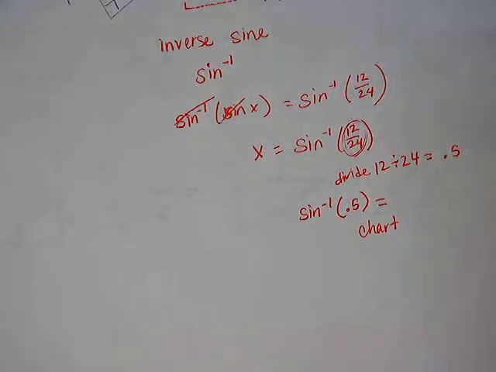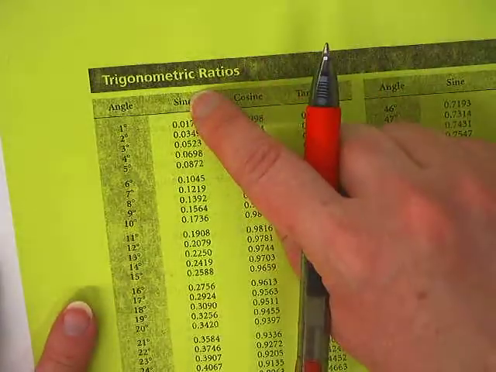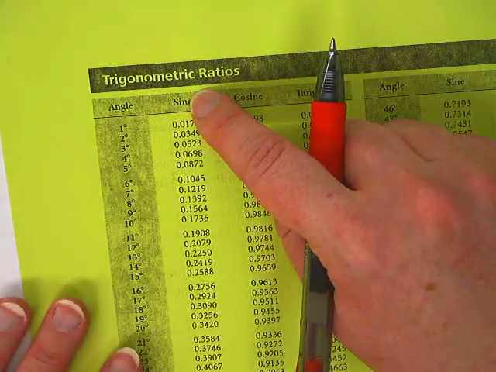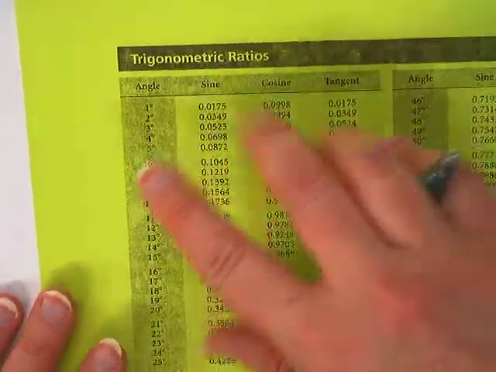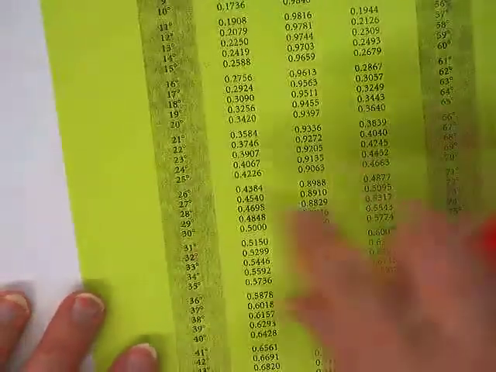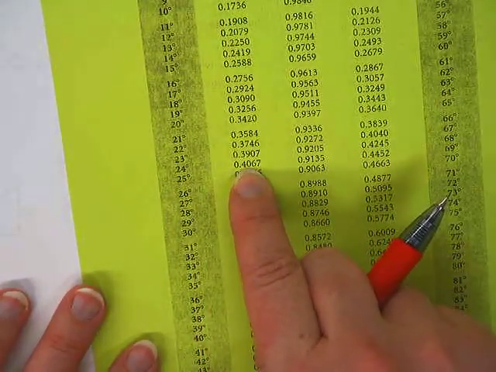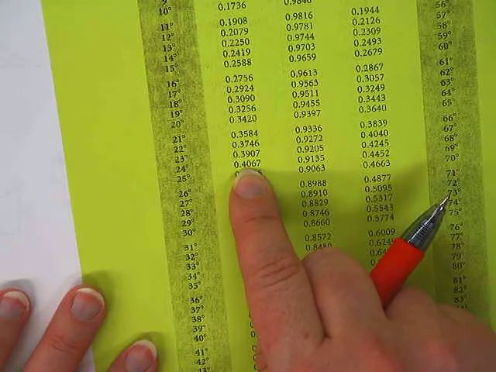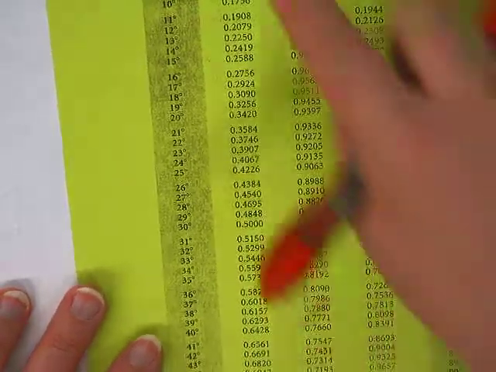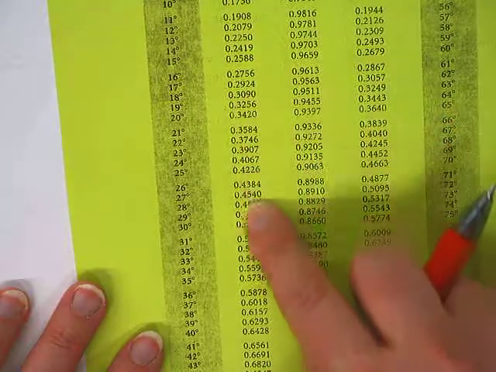Now let's go ahead and use the chart. Which column on our chart represents sine? Do you remember? It's the first column. You know how earlier today when we were doing the sine of 24, we looked up 24 and we found the sine. This time we're doing the inverse sine. That just means we're going to go backwards.